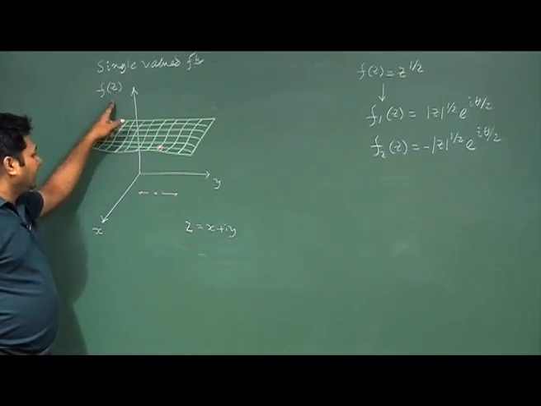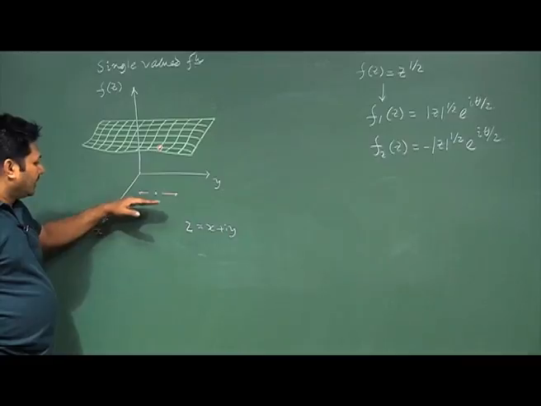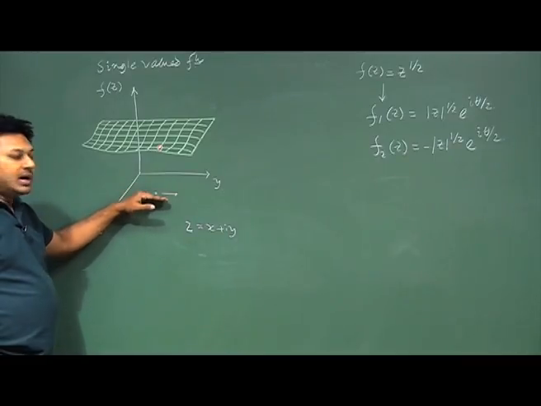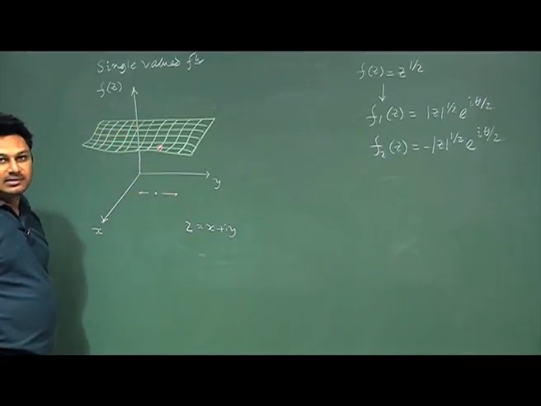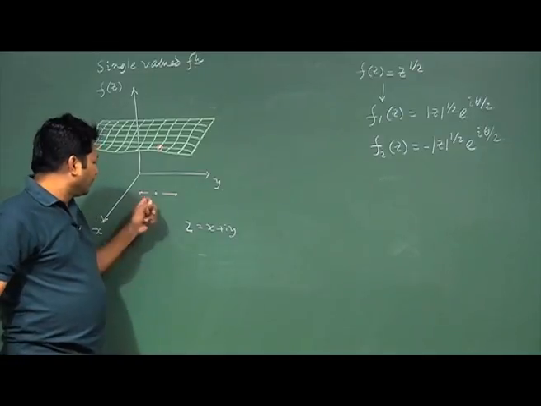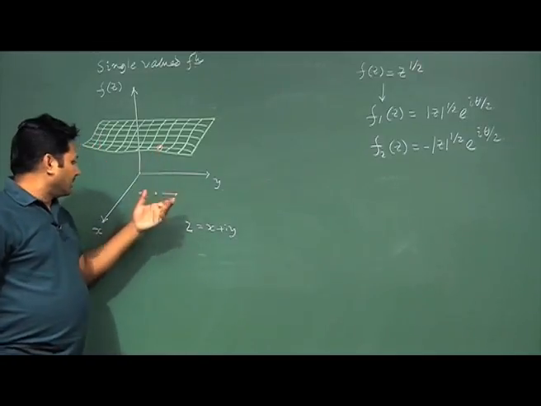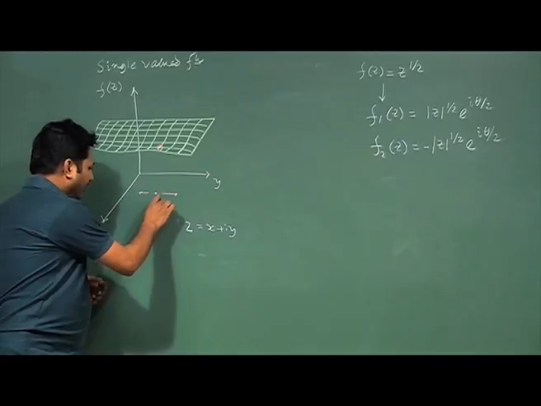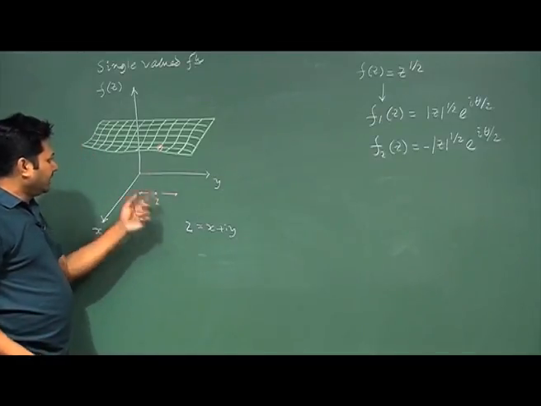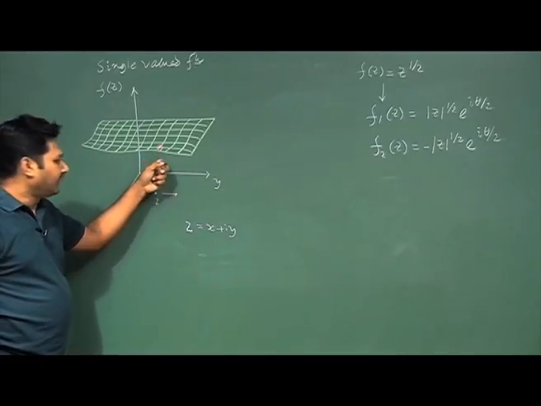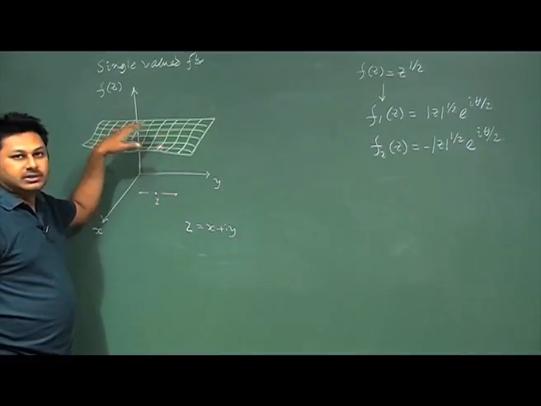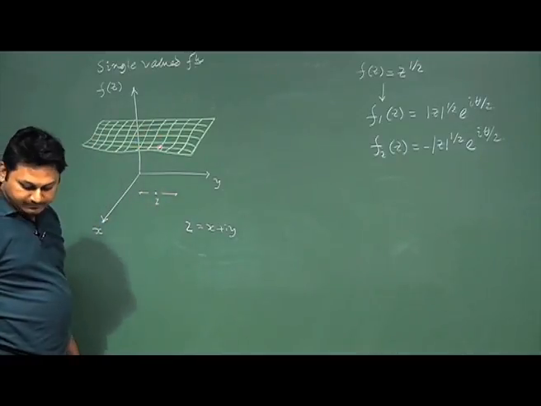Since f(z) is a single valued function, for one particular point I should have one surface like this. One point in the xy plane is z, and as a result I will have one particular point over this sheet. Fine.